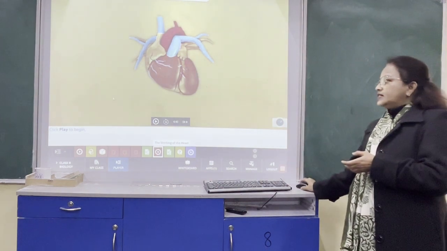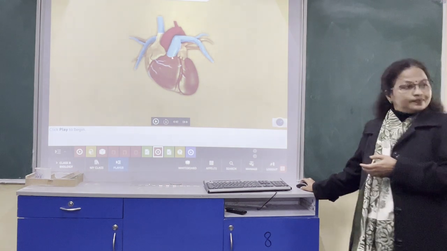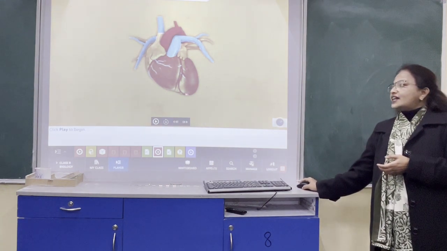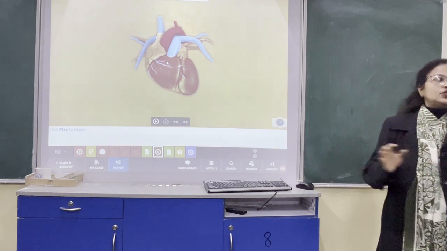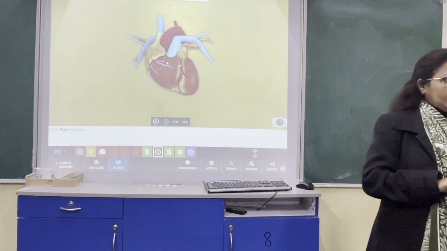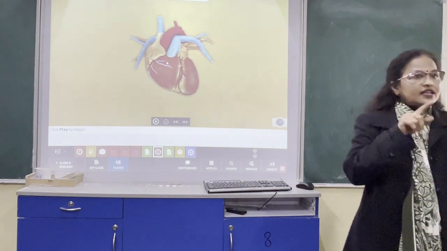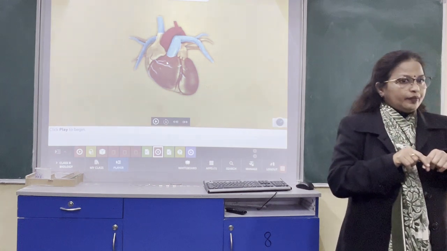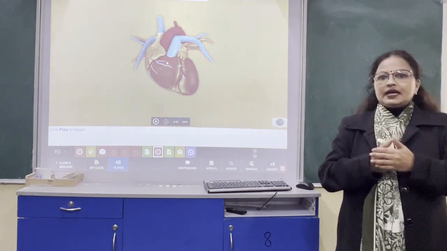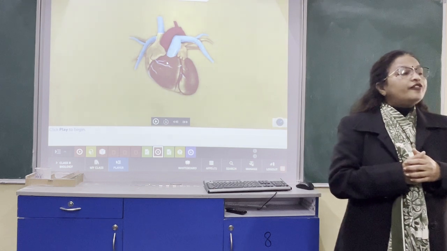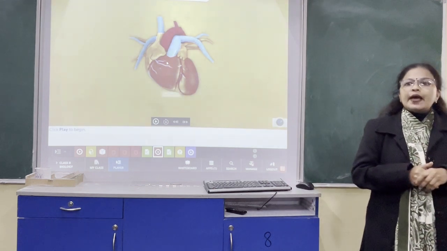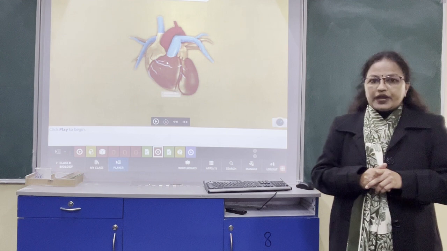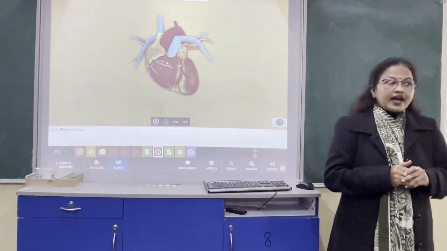This one, see, this is how our heart looks, right? Externally, it has two membranes, which is known as pericardium. The outer pericardium as well as inner pericardium. In between these pericardium, we have a fluid that is known as pericardial fluid. And what's the function of that?